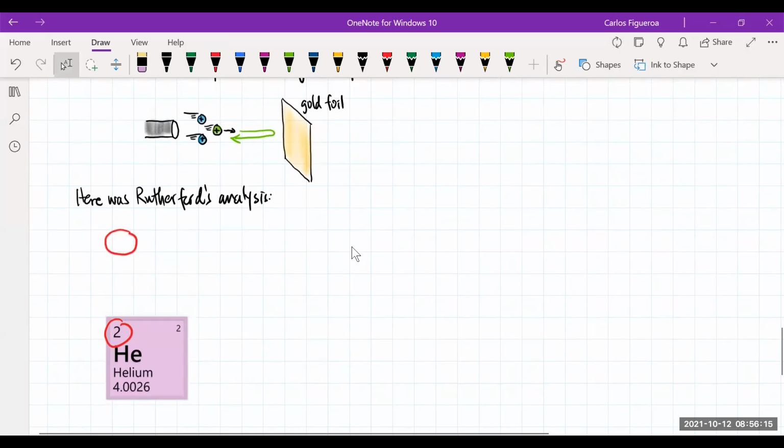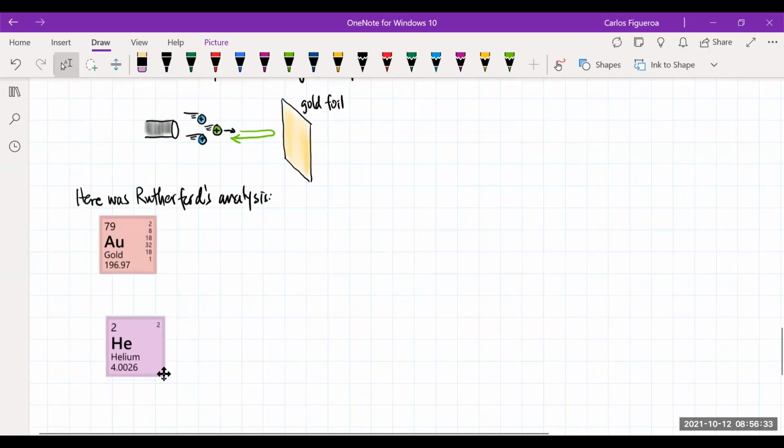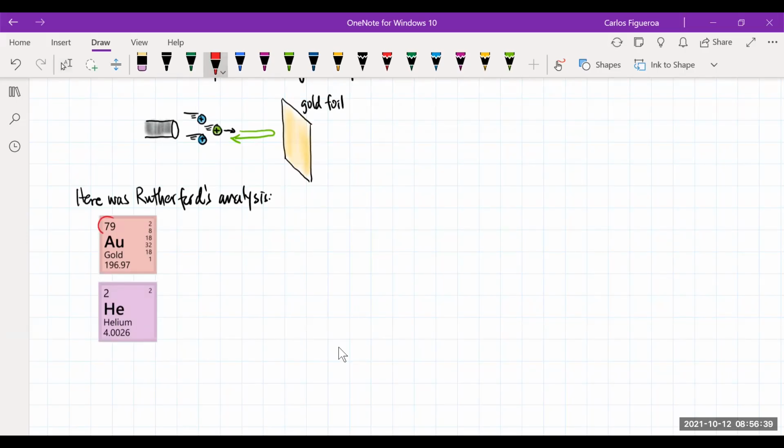Oops, that did not come in. Here, let me get the other one. So here are the two atoms that we want to look at. Remember, not all these details were known beforehand. What you're seeing here is that this is gold and this is helium.